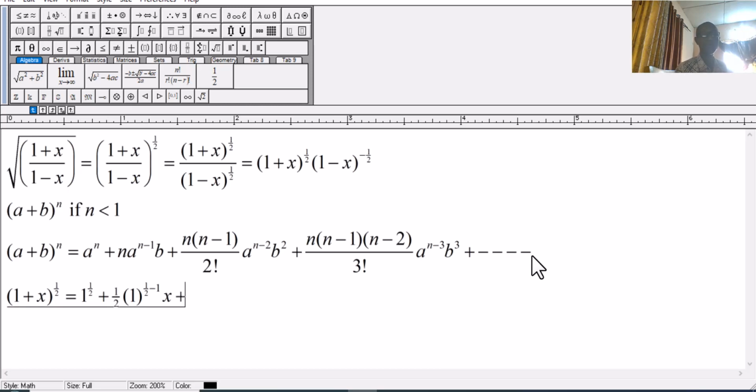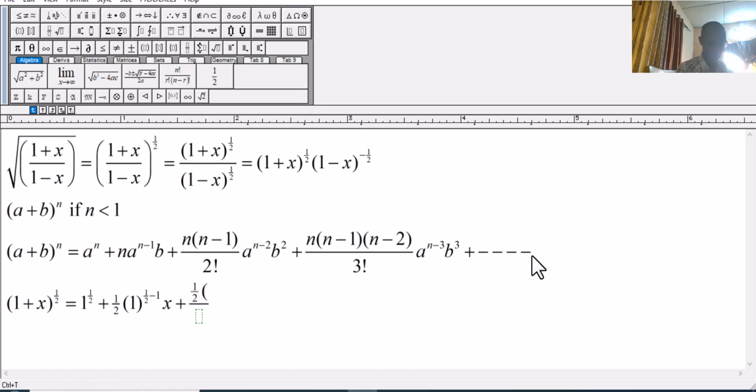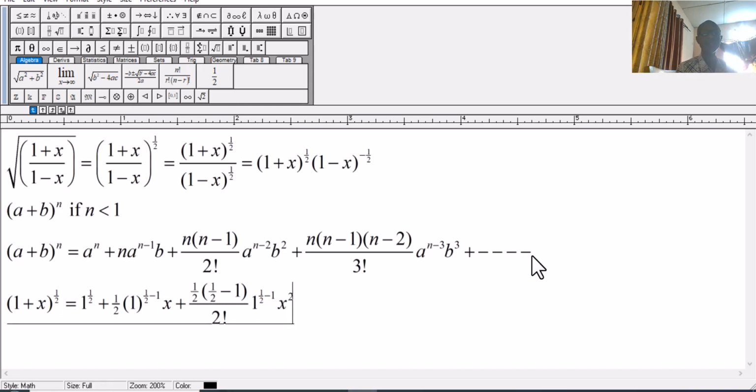Then the next term we have half times half minus 1 over 2 factorial times 1 raised to half minus 2, then x squared. Since they said we should ignore anything x cubed, I'm going to ignore that and just put dashes, to show that I'm ignoring that.